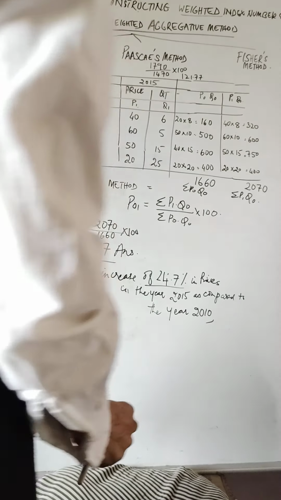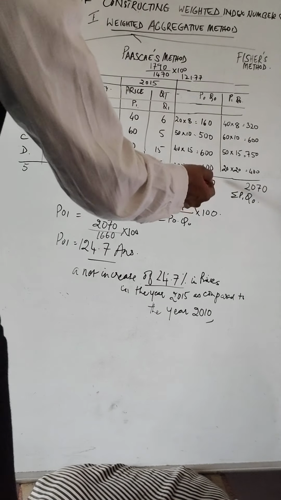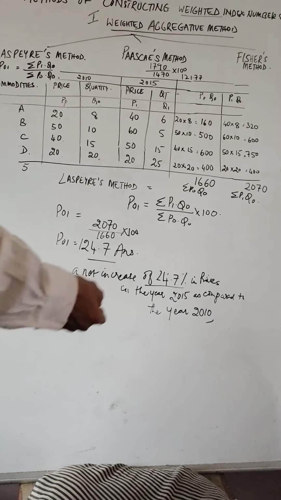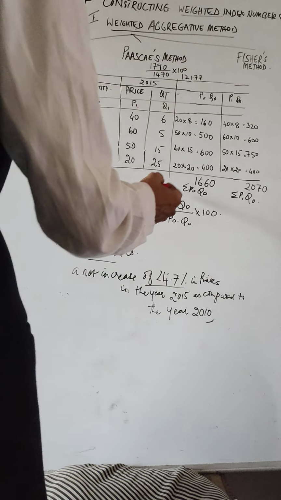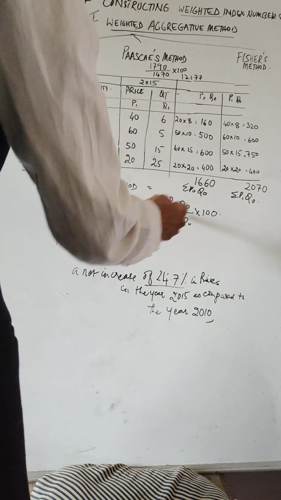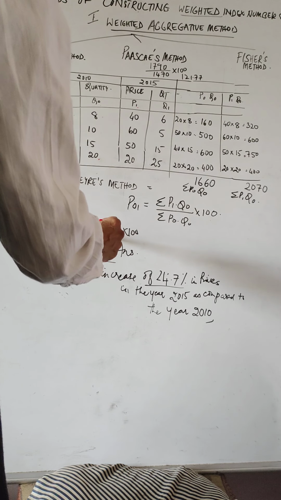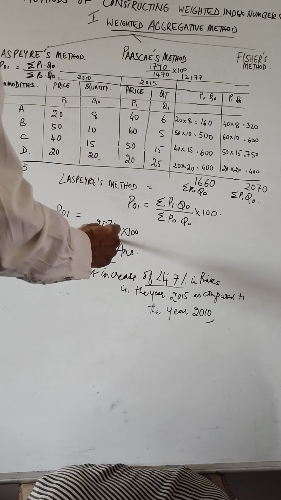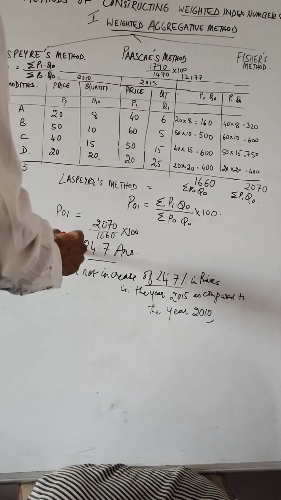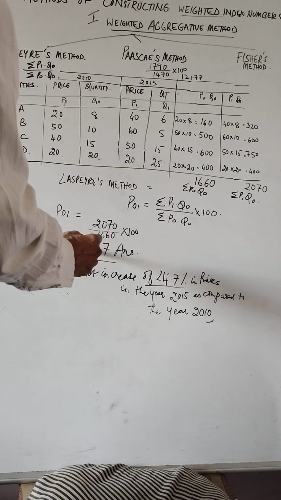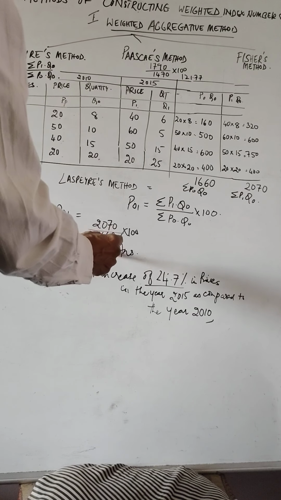Sometimes when you're doing the numerical, you write this before on top. Be very careful about the numerator and denominator. What will come as the numerator? P1 Q0. So 2070 divided by 1660 into 100, and the index number by this method, Laspeyre's method, is 124.7.